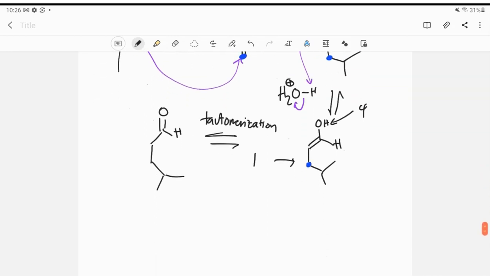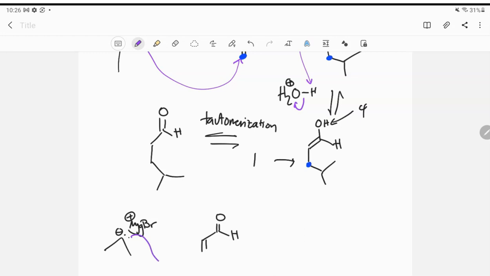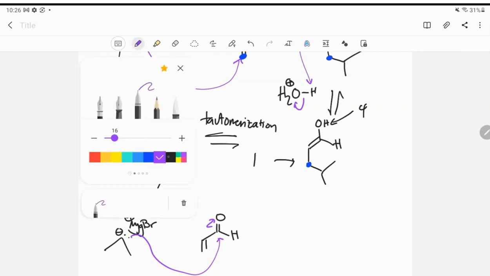So if we tried the MeMgBr here with our conjugated aldehyde, we just attack the aldehyde. Oh, that reminds me, I have a good meme for this, but that'll be later.